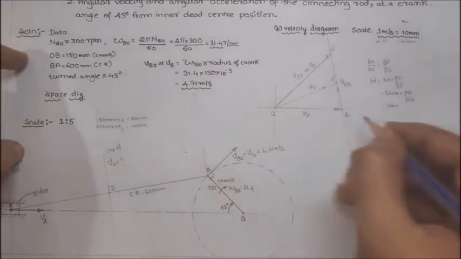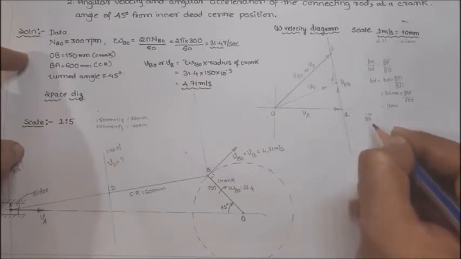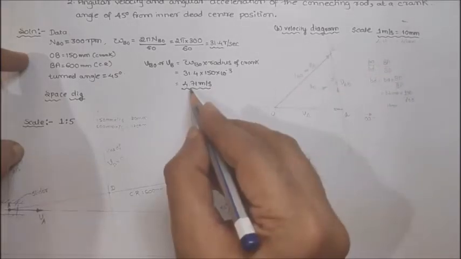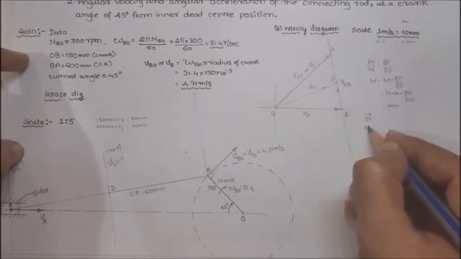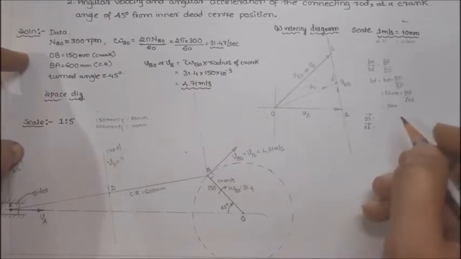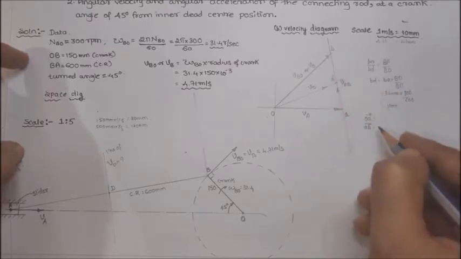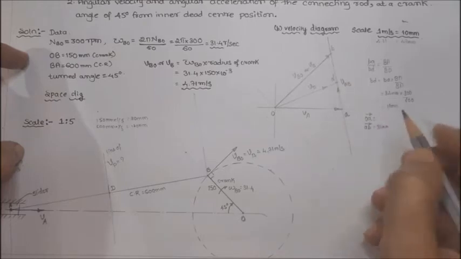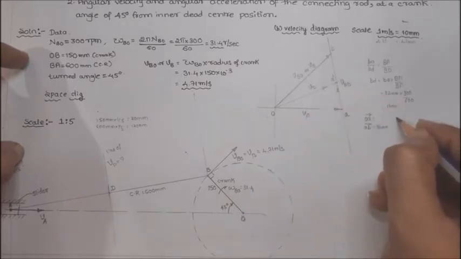So vector OA has to be measured. Then vector OB already we know, need not measure. Then vector AB, that also we have to measure. But the BA vector, whatever we have measured, the same one. So I'll write it as 34 mm. Now vector OD also has to be measured.